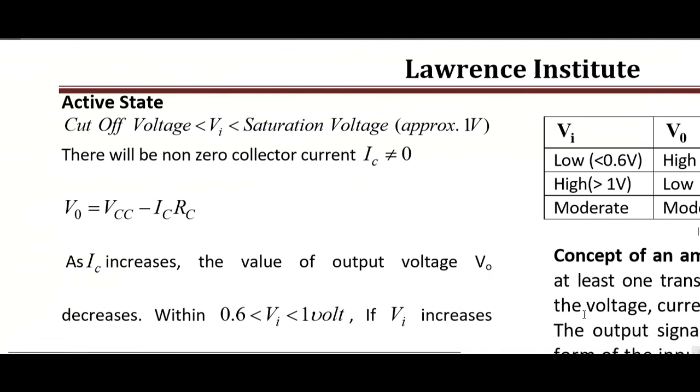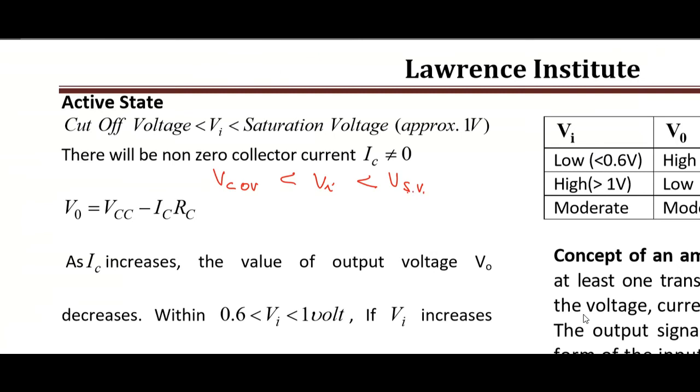In the next part, active state. Active state is when IC is not equal to 0. So active state means input voltage is greater than V cutoff and less than V saturation voltage.